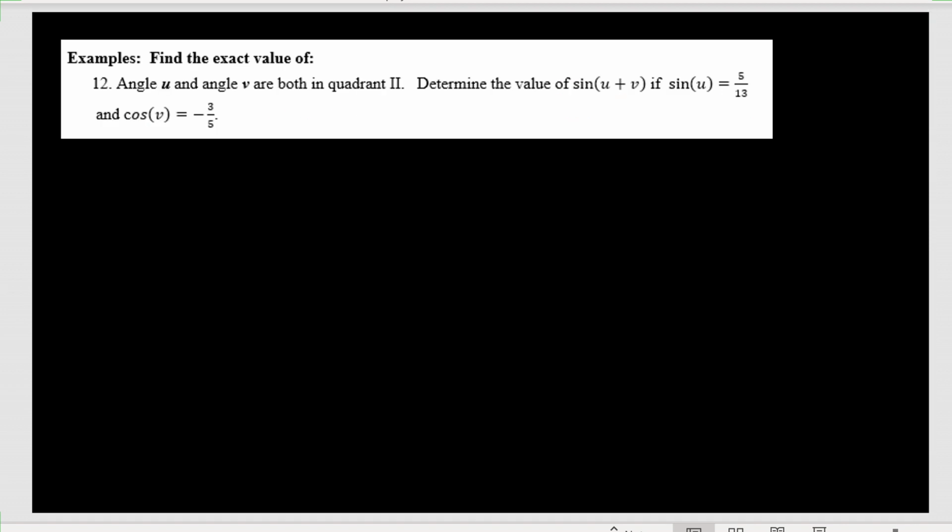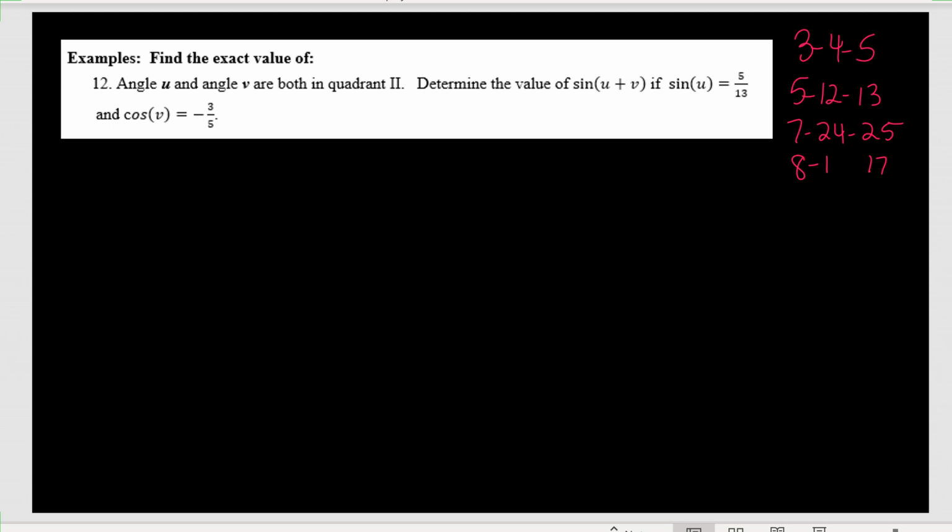All right, our next chunk takes a little bit of work because we are going back to stuff that we did in a previous unit around the unit circle, looking at Pythagorean triples and drawing triangles to help us as we go. So real quick, we're going to jot down the Pythagorean triples. We have a 3, 4, 5 ratio, a 5, 12, 13 ratio, a 7, 24, 25, an 8, 15, 17.